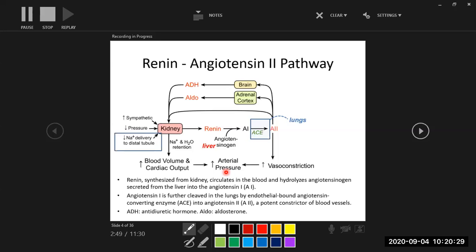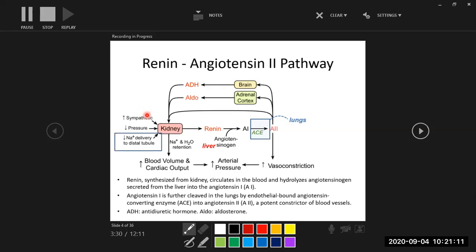When we first talked about this pathway, we focused on the mechanism that can trigger this pathway, and we focused on the mechanism that is pressure related, because the time we talked about it is in the cardiovascular system. So we said that lower pressure can be detected by the kidney, and trigger this pathway.